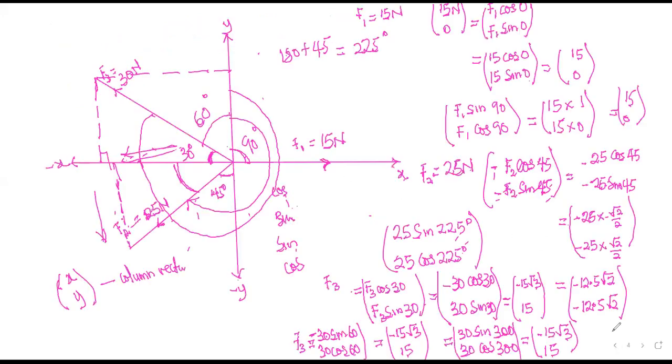F1y is equal to 0. F2y is negative 12.5 root 2. And F3y is 15. So 0, negative 12.5 root 2 and 15.